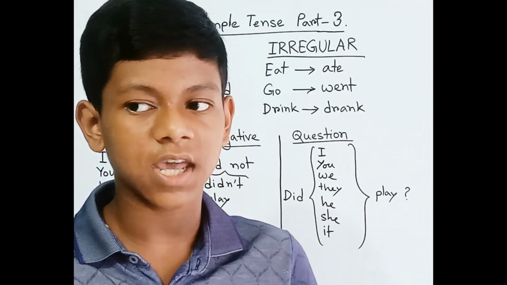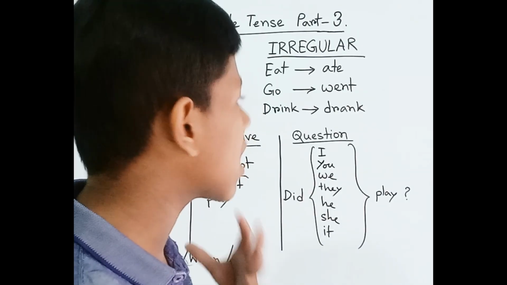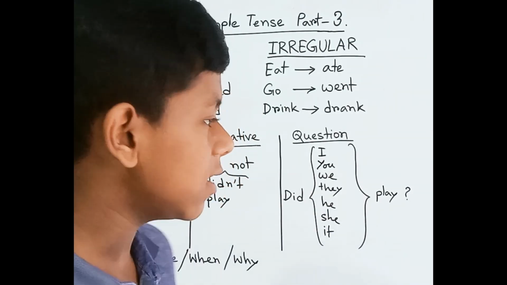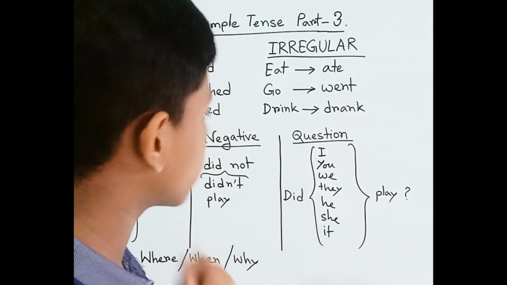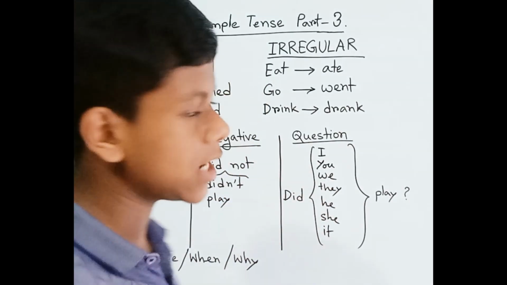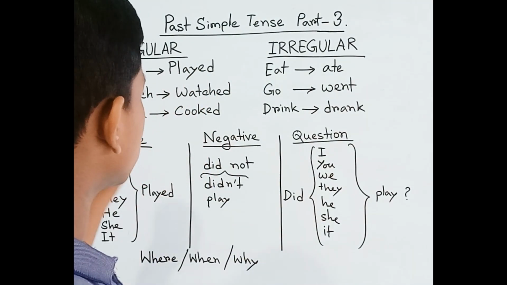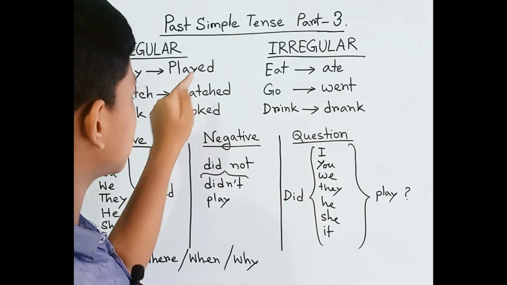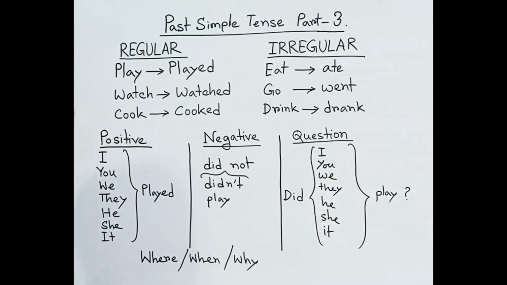So it's the first step for us: how can we use it? First of all, just watch the video attentively. Here, see regular and irregular, then you can understand. Here we are watching a regular verb, play. It changes a little bit.